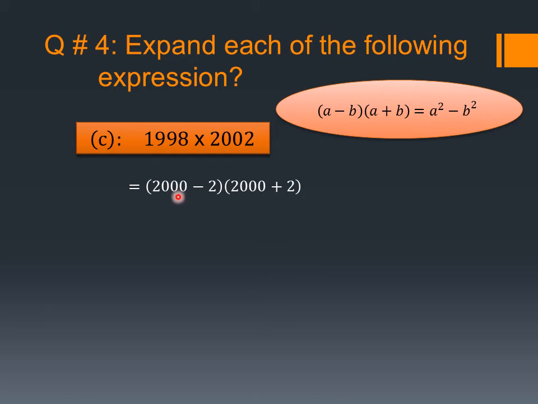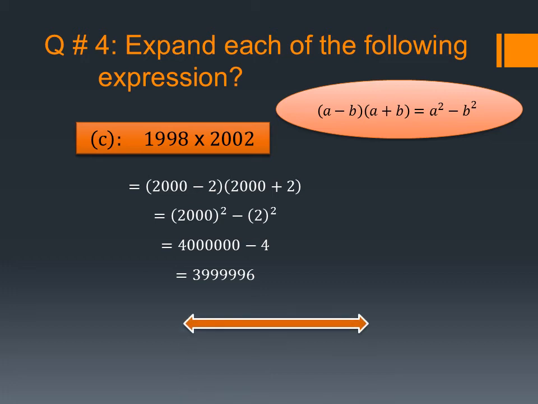A will be 2000 and B will be 2. So writing the square of A, square of 2000 minus square of B, so writing square of 2, opening the brackets, we will get this, and after subtracting 4, we will get 3999996, which is the final answer.